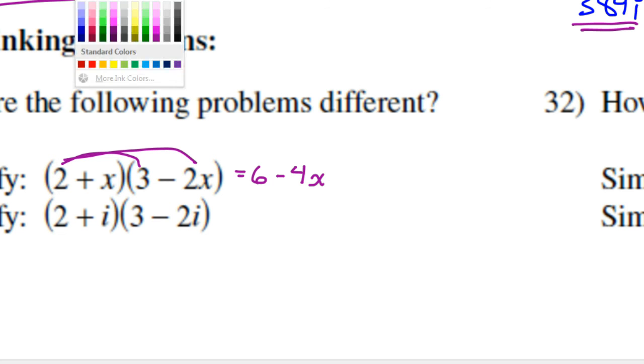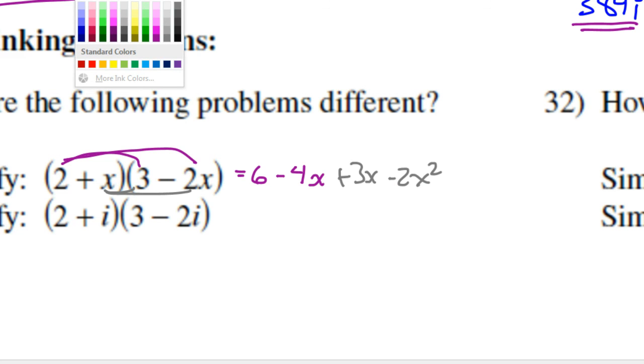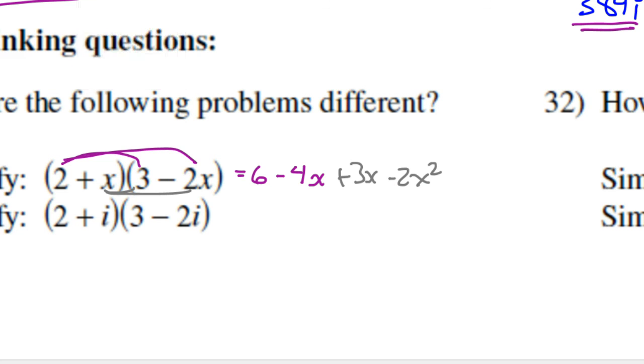Then 3x, and then we'll get negative 2x squared. To help me do it faster, I'm just going to copy, because so far that part would all be the same. So this is just going to be 6 minus 4i plus 3i minus 2i squared.